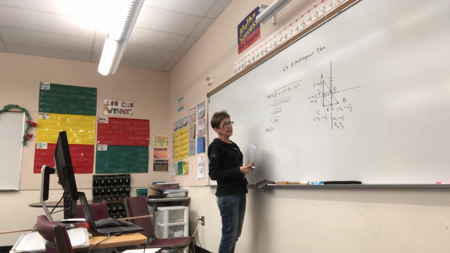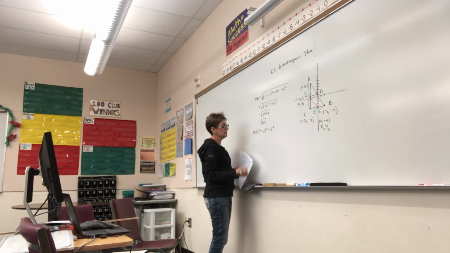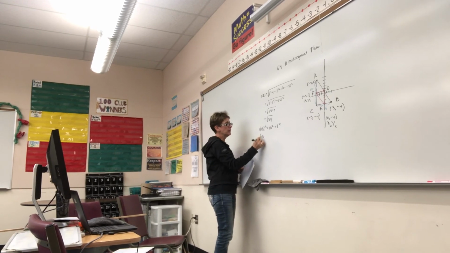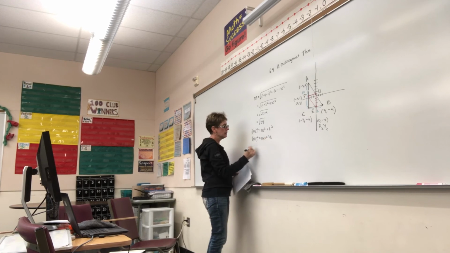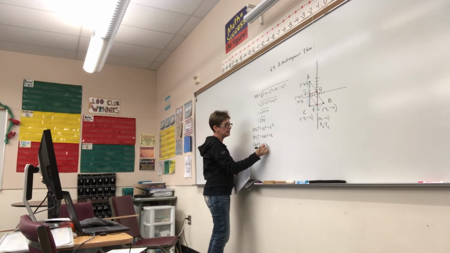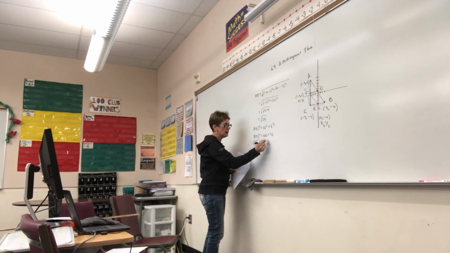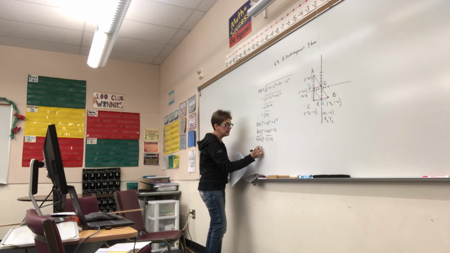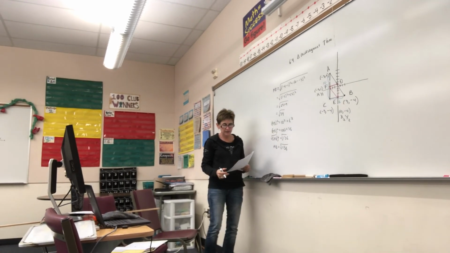So the length of AB squared is going to be 10 squared plus 6 squared, or the length of AB squared is 100 plus 36. We need to add the 100 plus 36 to get 136, and then take the square root of each side. So AB is going to be the square root of 136.